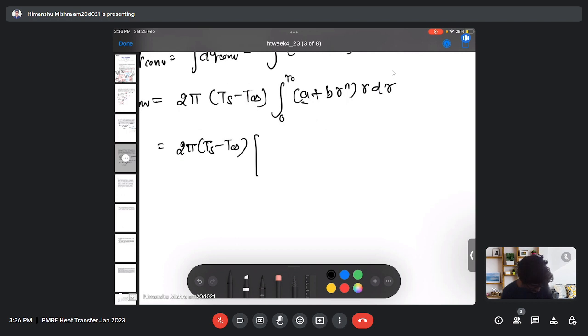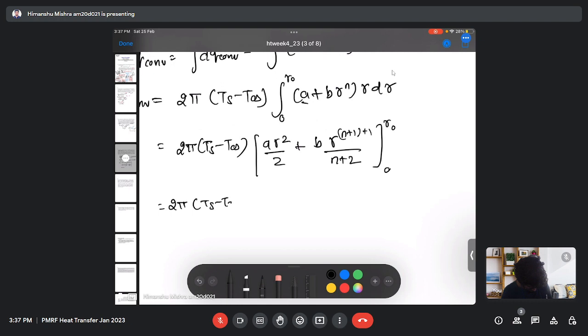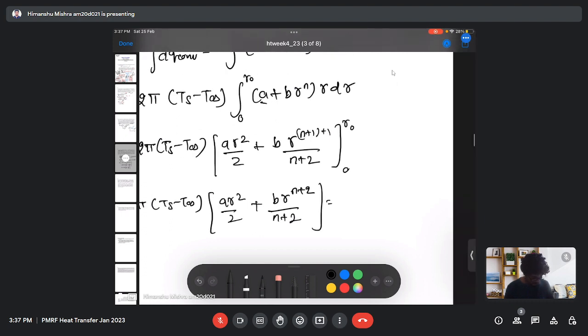The first term will become A r squared by 2, and the second term will be B times r to the power n plus 2 divided by n plus 2.